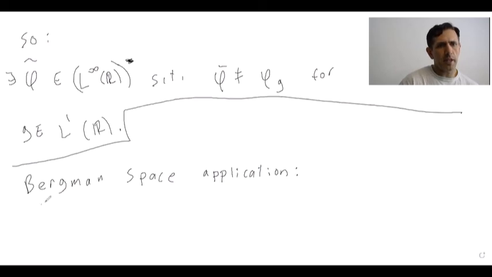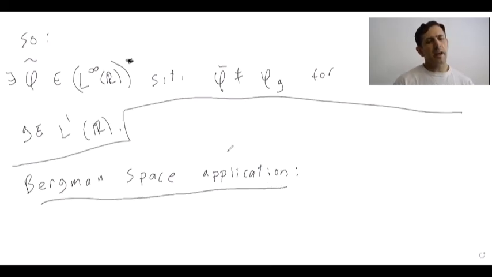Because in particular, the Sobolev space you can basically think of as a subset of L^p, really a subset of C^n-valued L^p.